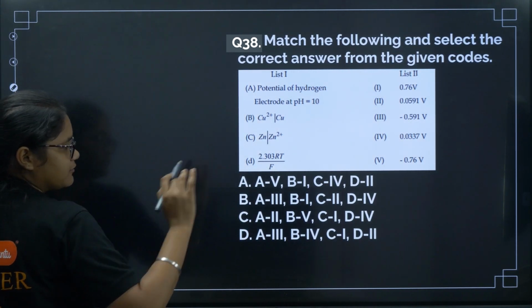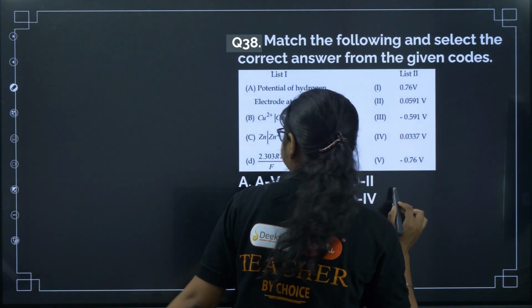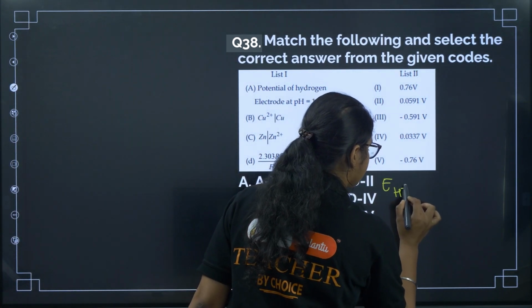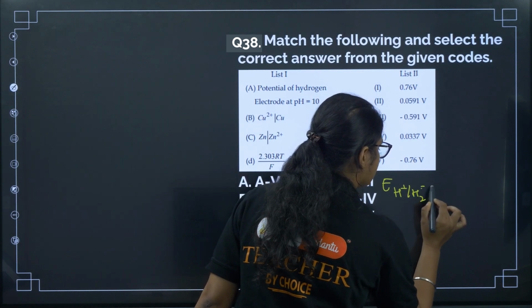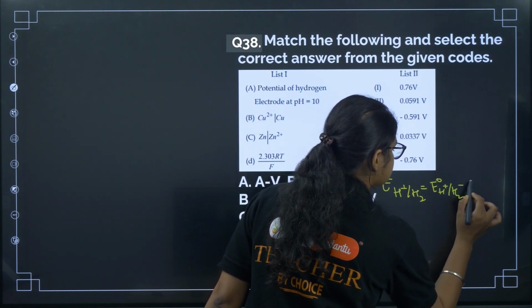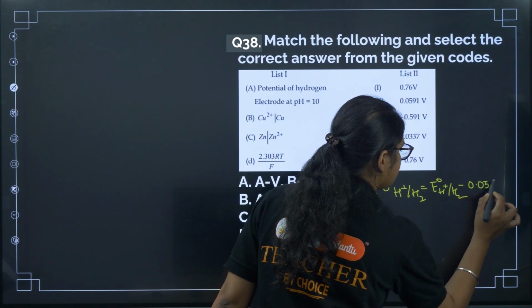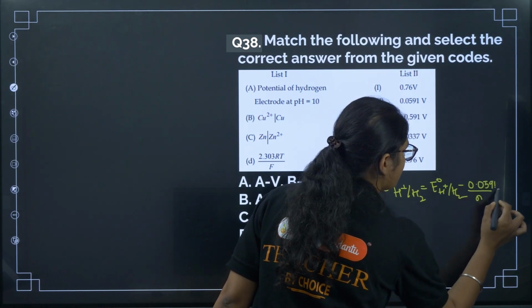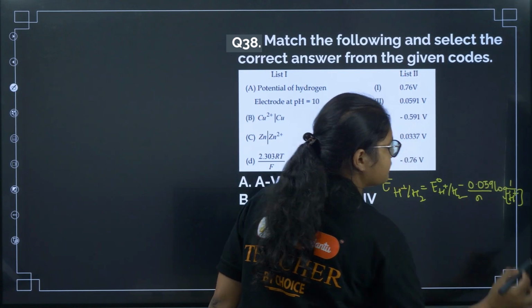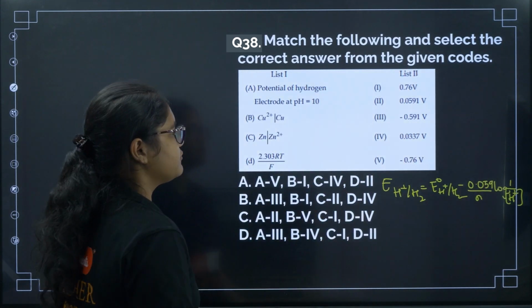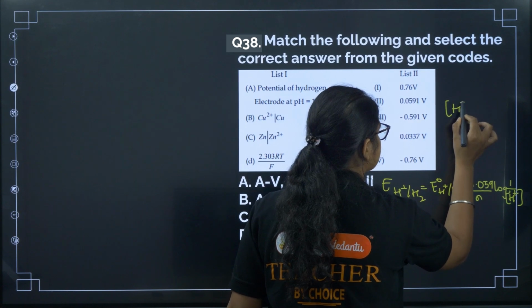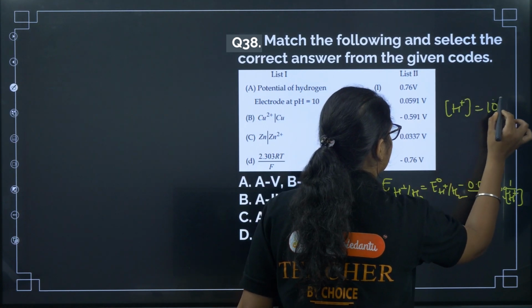See here, what will be the formula? E of the electrode is equal to E naught of electrode, right, minus 0.059 by N log of 1 by H plus, right? This is the formula. Now what is the concentration of H plus? If you see, pH is equal to 10 means H plus concentration is 10 to the power of minus 10.